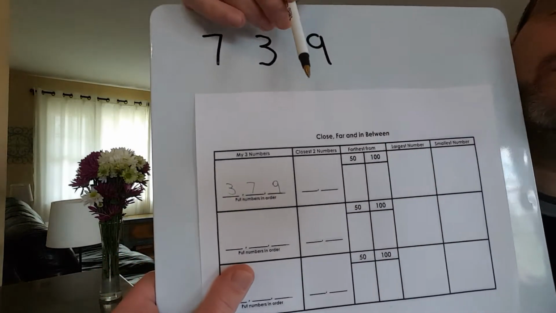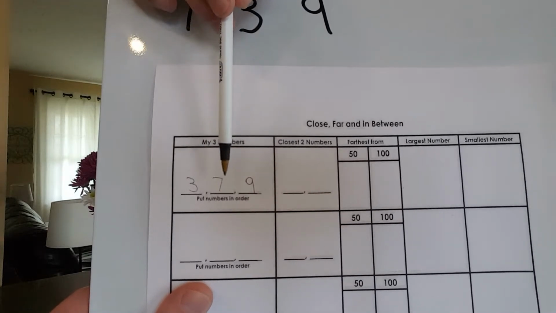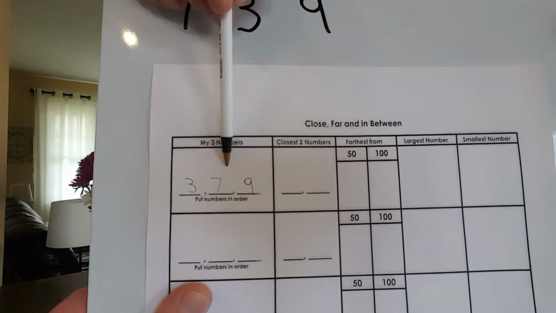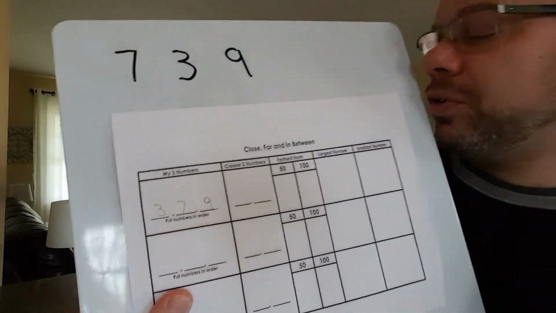Okay, here's where you may have to do a little bit of mental math. So the difference between 3 and 7, like if I went 3 plus what equals 7, or 7 minus 3 equals what? Now, 7 minus 3 I know, and I'll go ahead and write it here. 7 minus 3 is equal to 4.